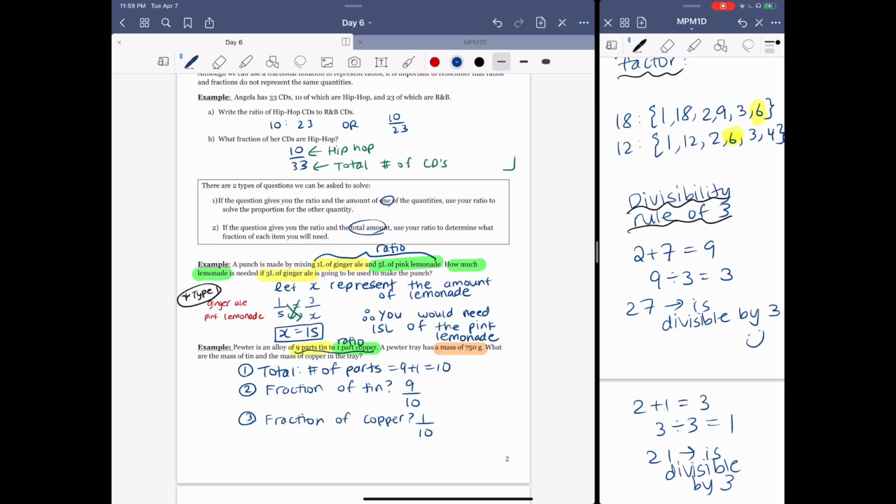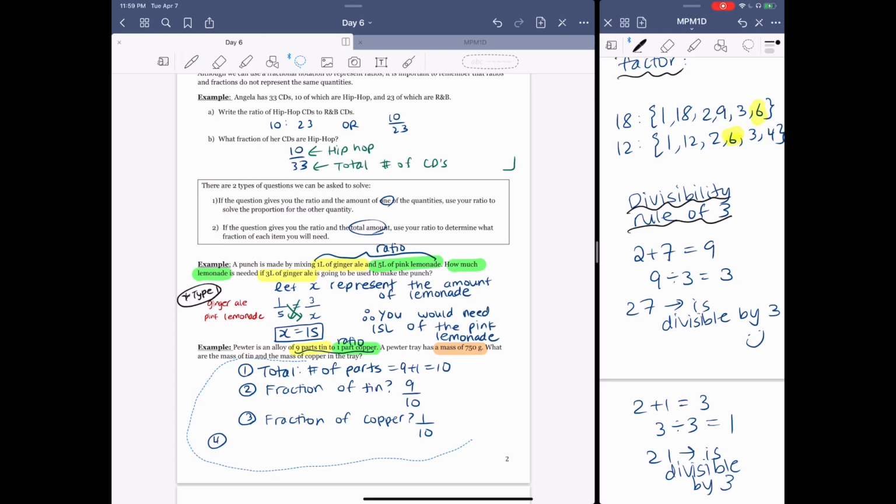All right, so next, a pewter tray has a mass of 750 grams. So that's the total number of grams you have. And I need to figure out how much of the mass of tin and how much of copper I need. So I will probably need to do part 4. Well, what do you think?